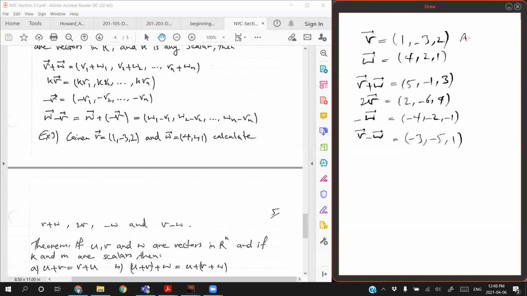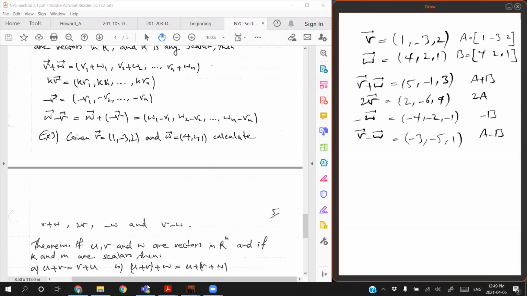Now notice that if I have row matrices like this, (1, -3, 2) and another row matrix (4, 2, 1), row matrices with the same entries as these vectors v and w, and I'm adding a plus b, or doing 2 times a, or minus b, or a minus b, the operation is going to be done exactly the same way.